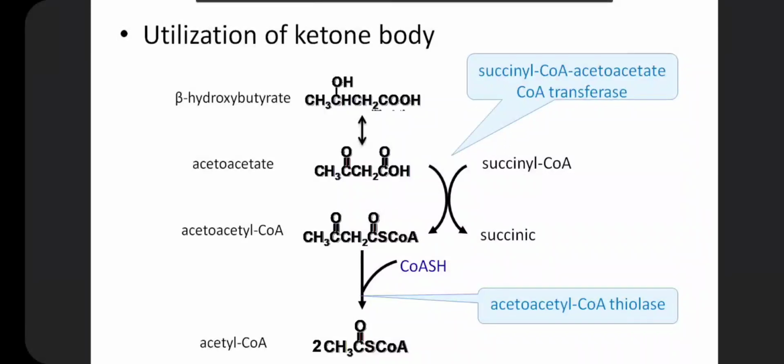And the ketone bodies synthesized in the liver should be released to the extrahepatic tissues. So in this way, the liver can only generate, but it cannot use the ketone bodies at the same time. Okay.